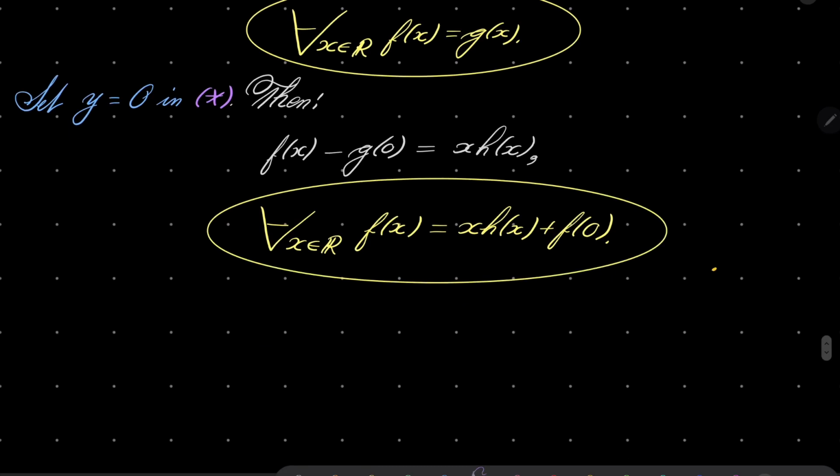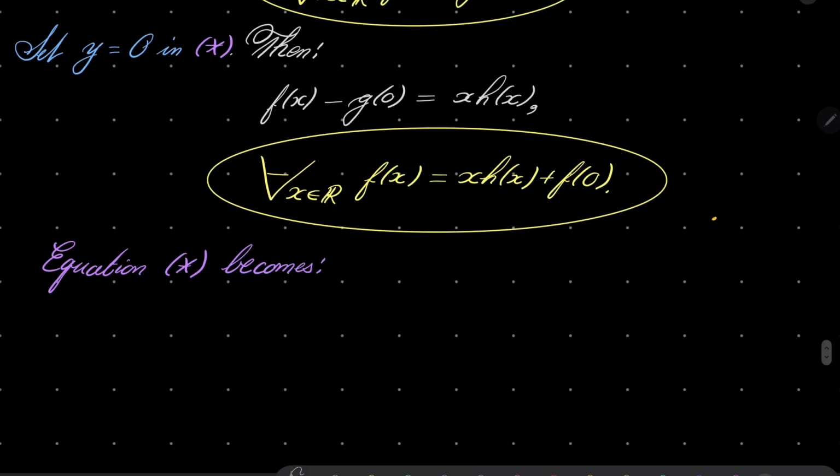All right. So using this fact, we can rewrite our equation asterisk. Equation asterisk now becomes the following. Well, instead of f of x, I will put this. And now I am subtracting g of y, but g of y is f of y, but f of y is again something of this form.